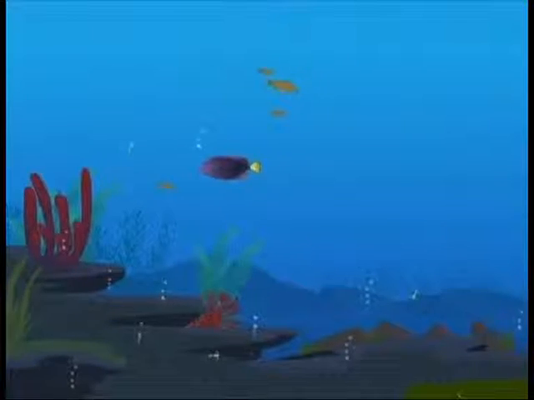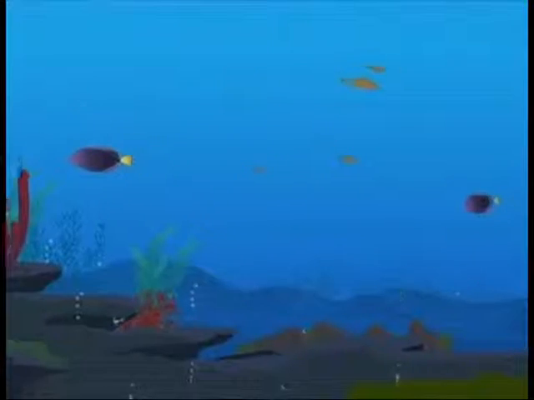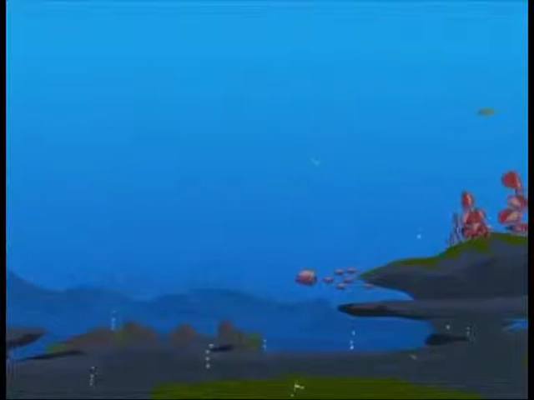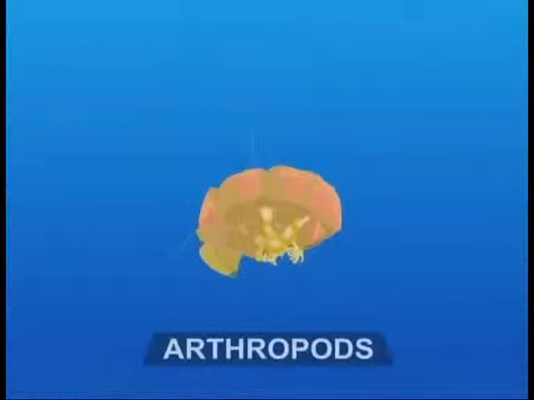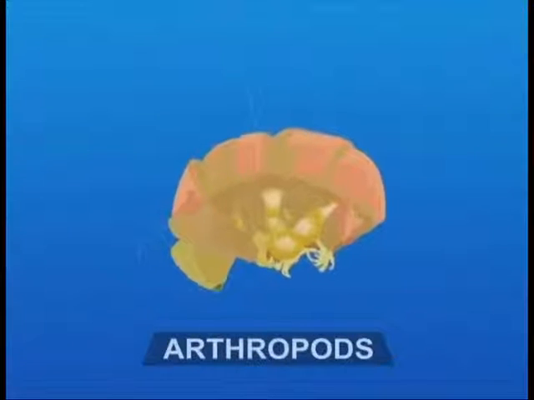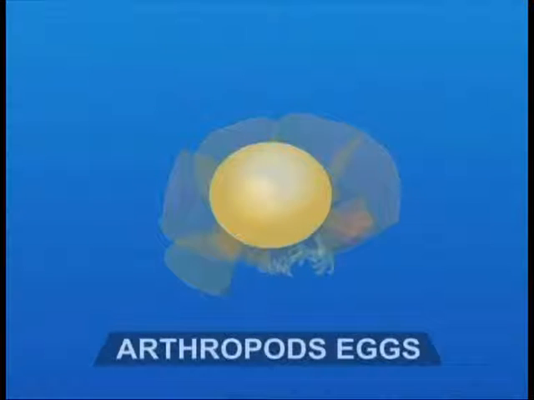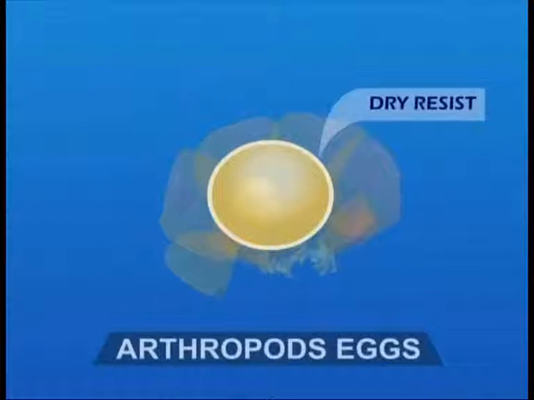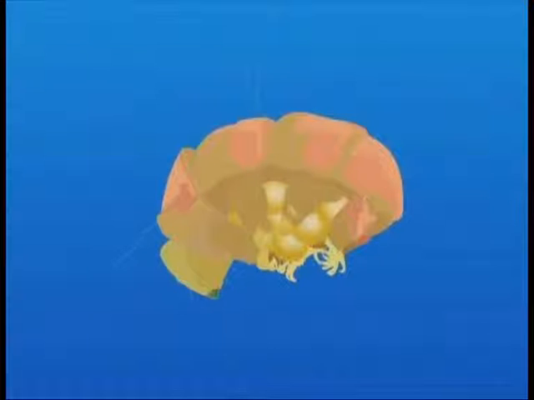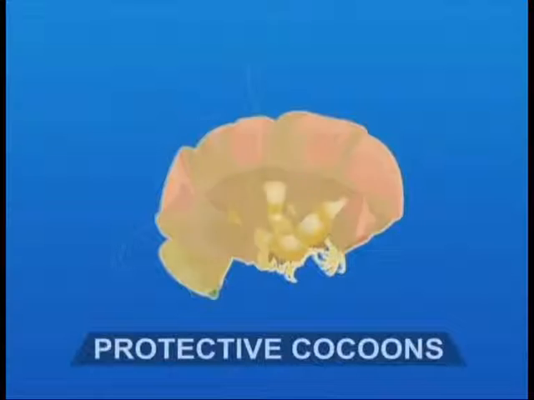But life in freshwater is full of uncertainties, and these animals have to deal with it to survive and multiply. And for this, these creatures follow a trick. They have the ability to produce eggs that resist drying and are also capable of sealing up their whole bodies in temporary but protective cocoons.